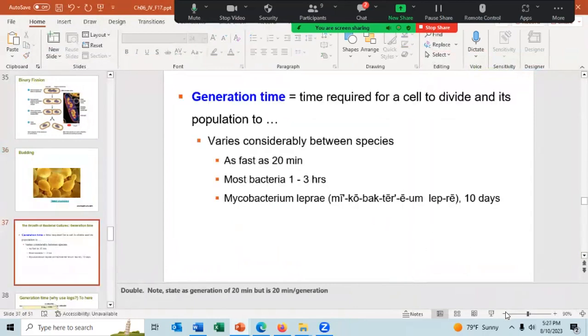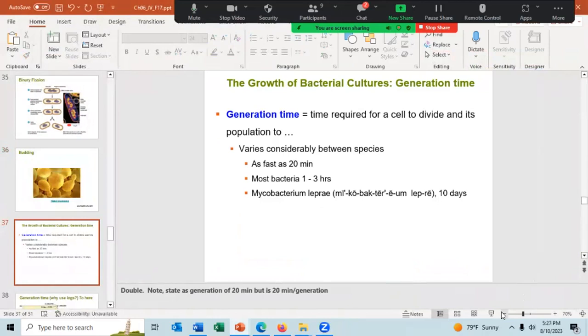When we're talking about bacterial growth, we do use the term generation time. And as you know, the generation time for humans is something like 20, 21 years. It is the time required for one cell to divide into two cells, or for people, for two parents to come together to have one offspring. It's also the time required for the population to double in size.